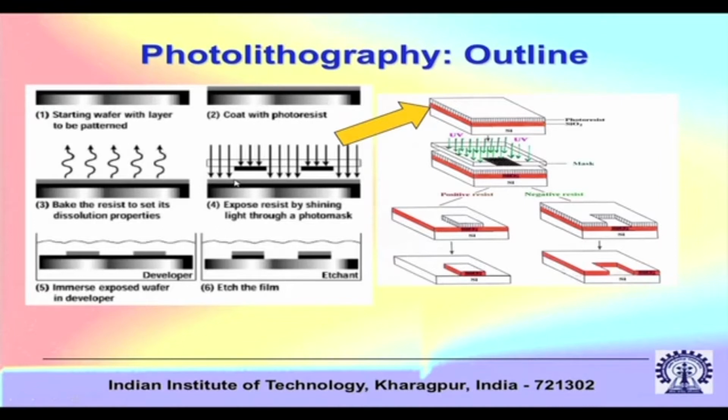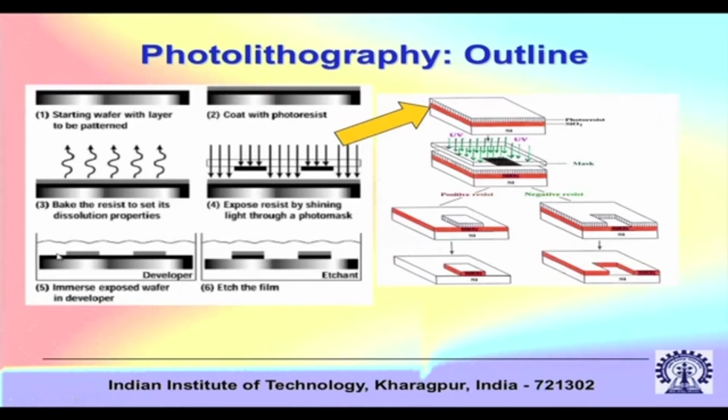Now when the light is falling on selective portions of the photoresist, either the photoresist will be more soluble in the developer when it is developed and go away, or it will be less soluble in the developer and it will not go away. If you now develop it with a developer, you will see, for example, that here we are talking about a photoresist which has become more soluble and has gone with the developer.